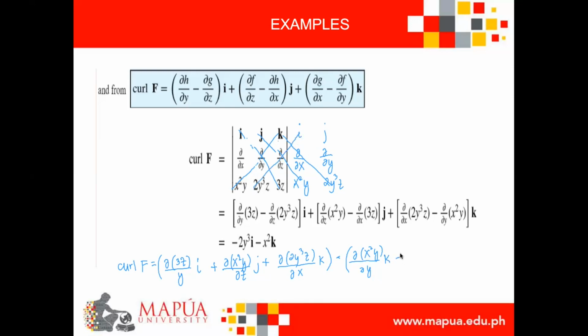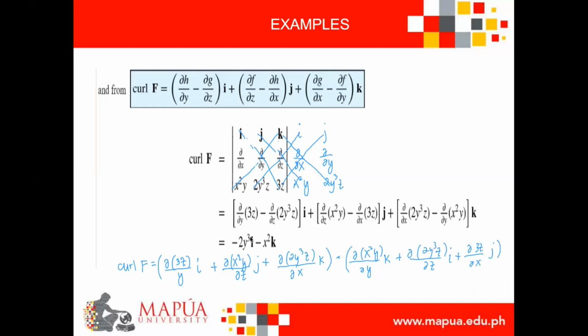Then you have here partial derivative of the function 2y cubed z with respect to z, then times i. Then we have plus partial derivative of the function 3z with respect to x times j.